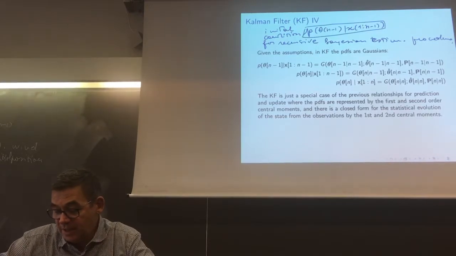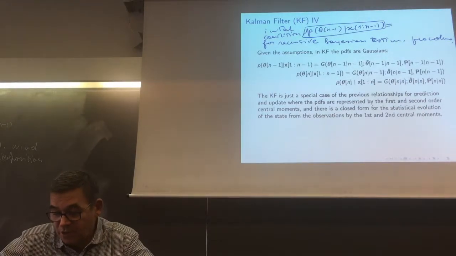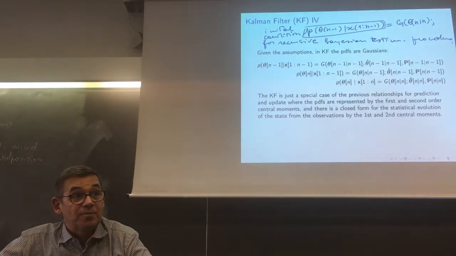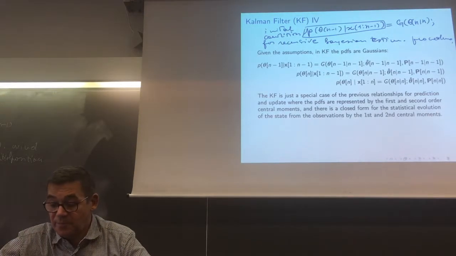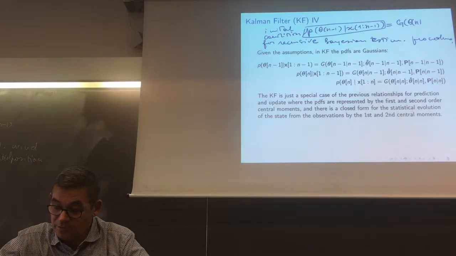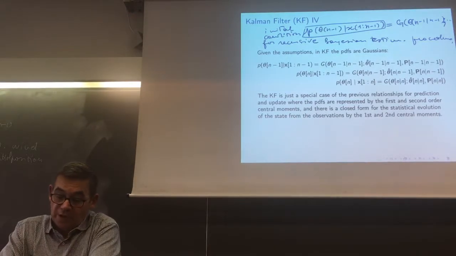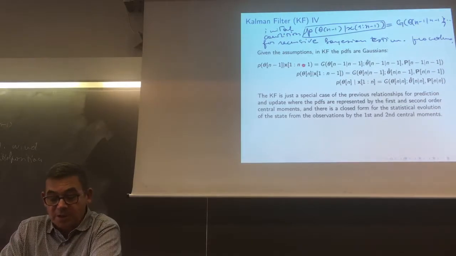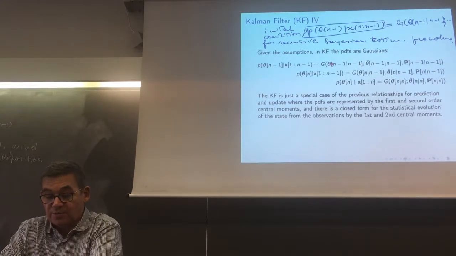If this guy is Gaussian, then it's a Gaussian distribution. So we say it's Gaussian with theta hat n minus 1 given n minus 1 as the mean, which is the estimated value, and with a certain covariance P n minus 1. So what I know is this: the a posteriori at the previous iteration is Gaussian.